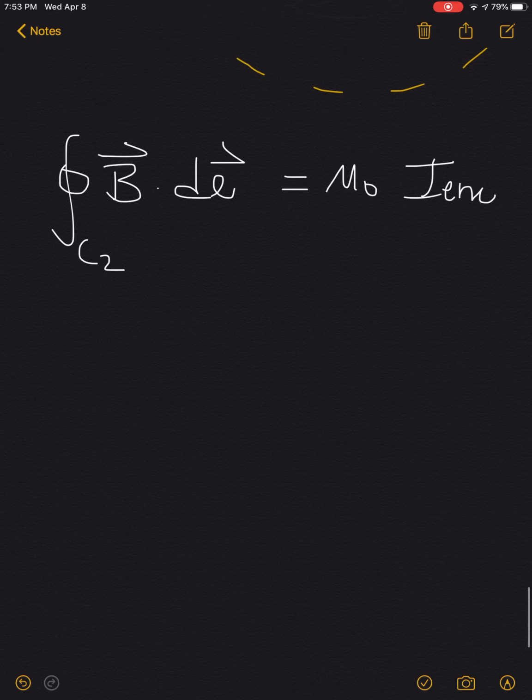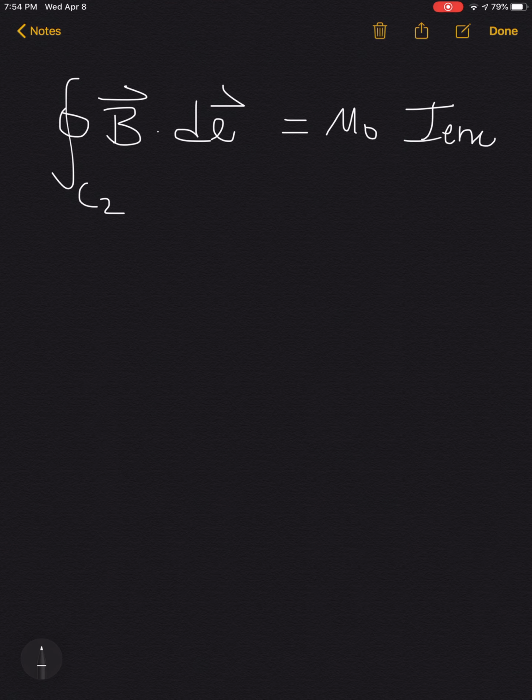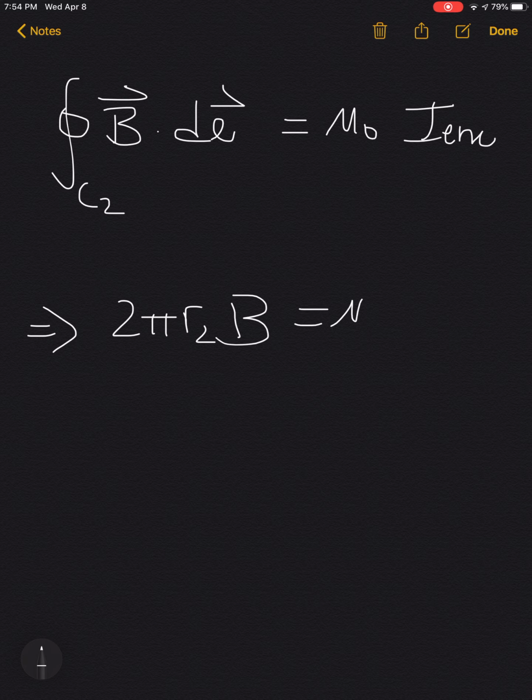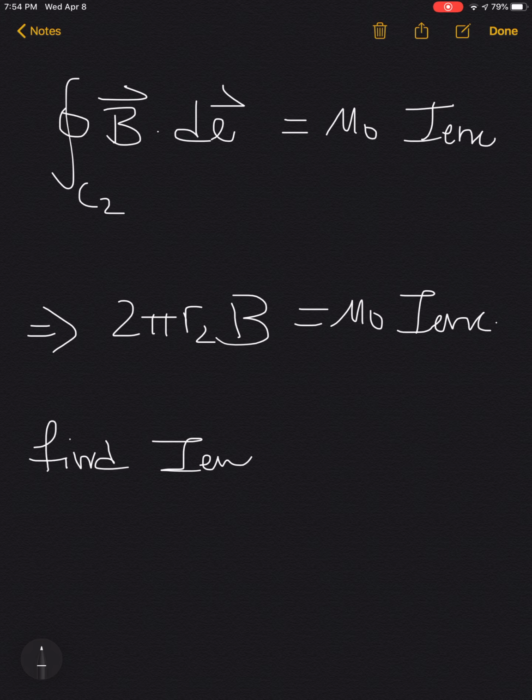Now, dealing with the left-hand side of Ampere's law, we just did an example of this. This ends up going to 2 pi r2 times b. So through the exact same steps that we took before, you could just do 2 pi r2 times b equals mu naught I enclosed. Now, again, we want to find I enclosed.